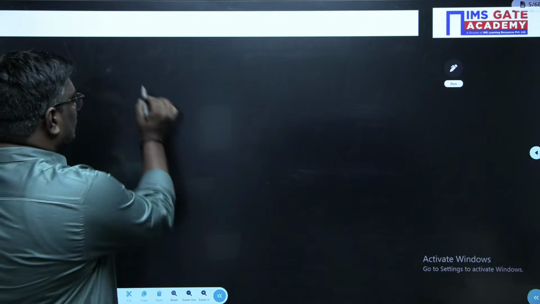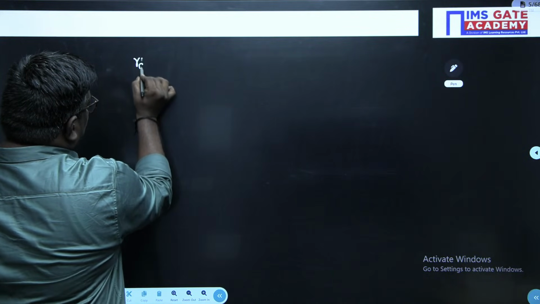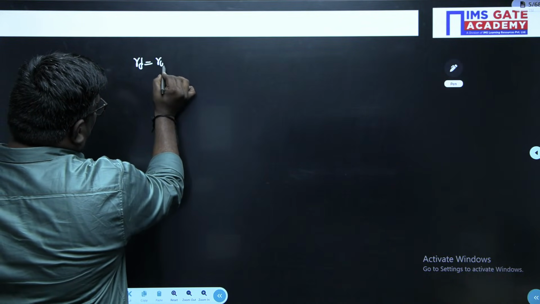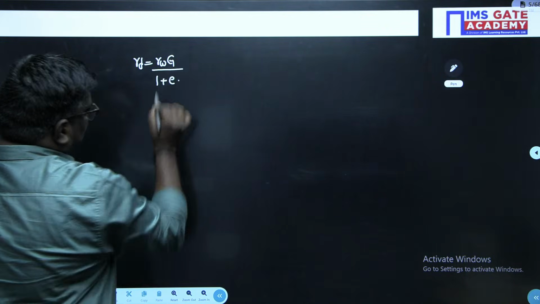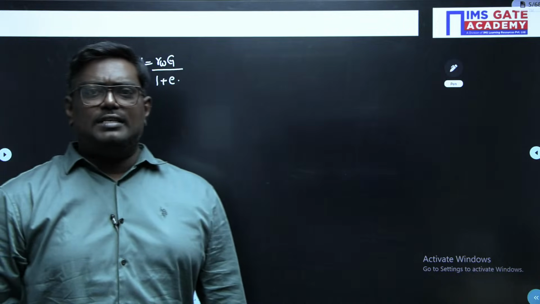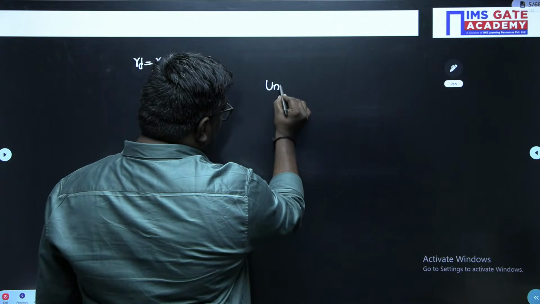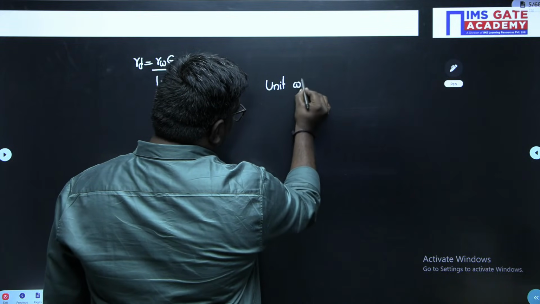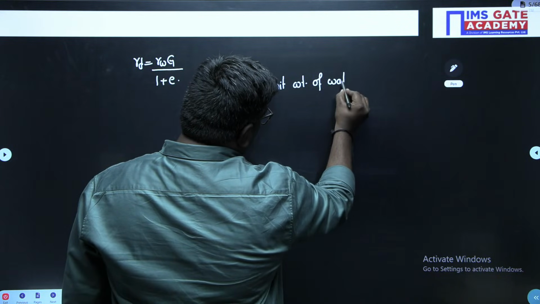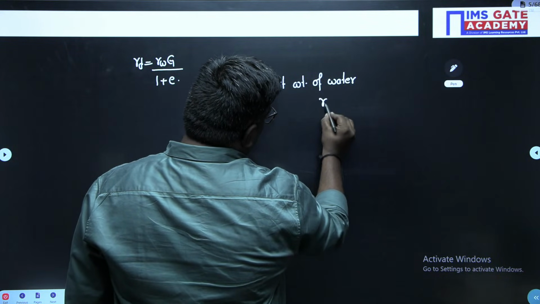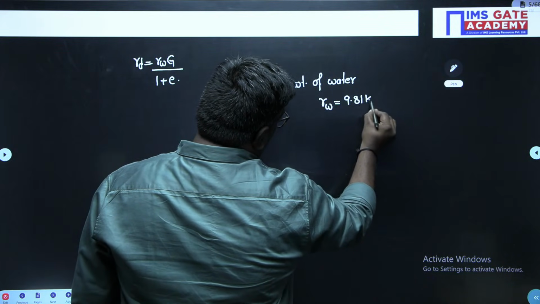Now, we also have to calculate the dry density. What is the formula for dry density? Dry density gamma_d is equal to gamma_w G upon 1 plus e. Here, the unit weight of water is the standard value, gamma_w, 9.81 kilonewton per meter cube.